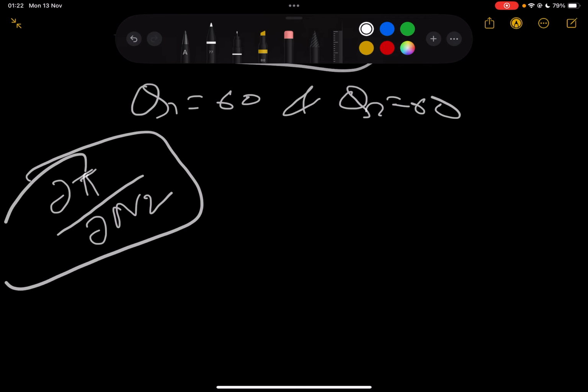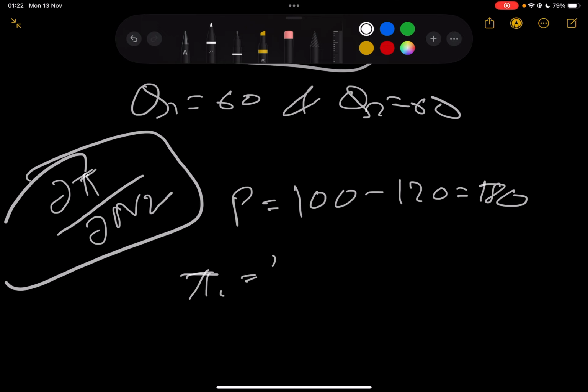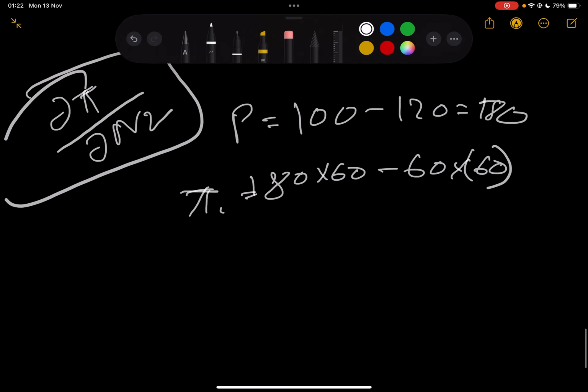Now for the price, we're going to charge 300 minus 120, which is 180, and the profit is going to be 180 into 60 for firm 1 minus 60 into 60. So we get 60 here, 60, and the profit is going to be 120 into 60.